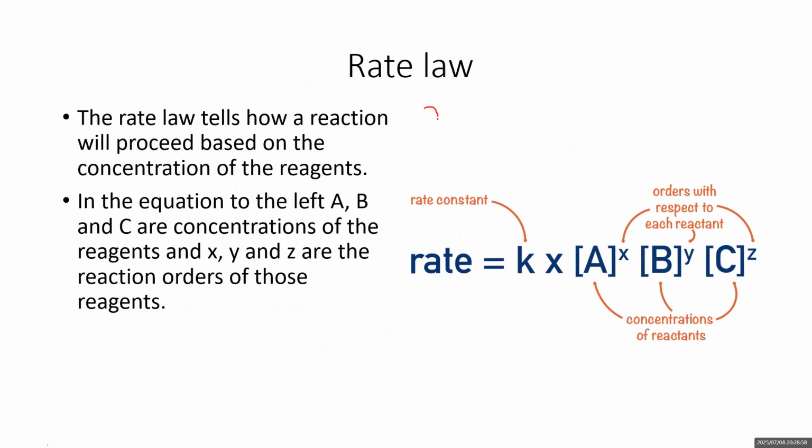You will see in some textbooks that this exponent is the stoichiometric coefficient of the reagents. So let's say we have 2H2 plus O2 yields 2H2O. Some textbooks will tell you that the order of this reaction for these reagents is 2 for hydrogen, 1 for oxygen.